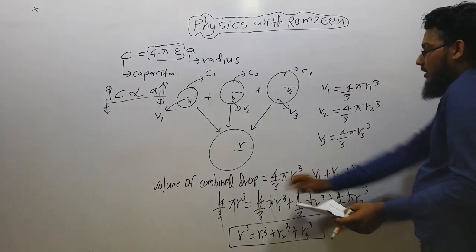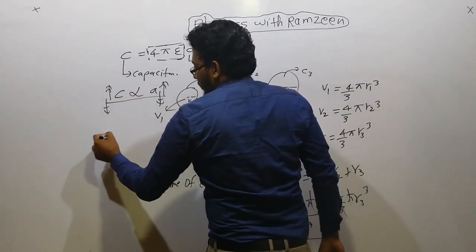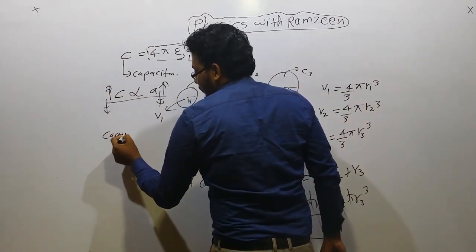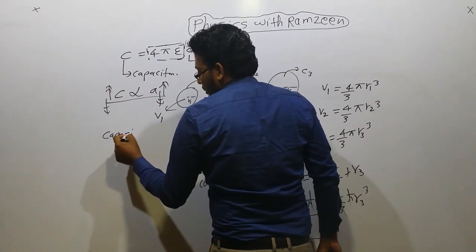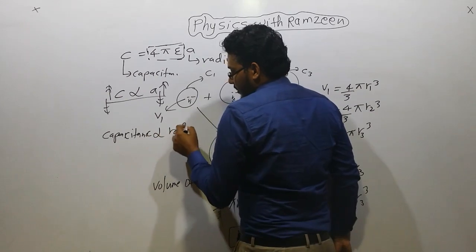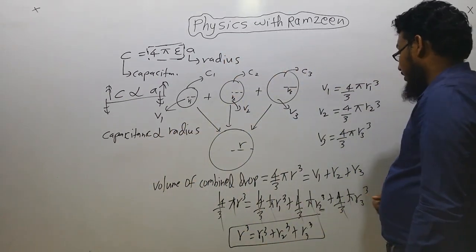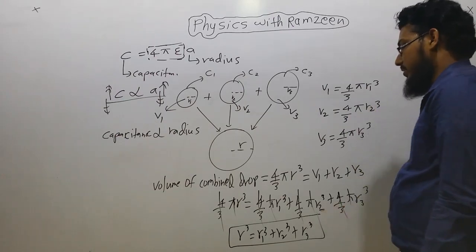And also we can say that C means the capacitance of the spherical shape. The capacitance of the spherical shape is proportional to the radius of the spherical shape. So we come to this scenario.